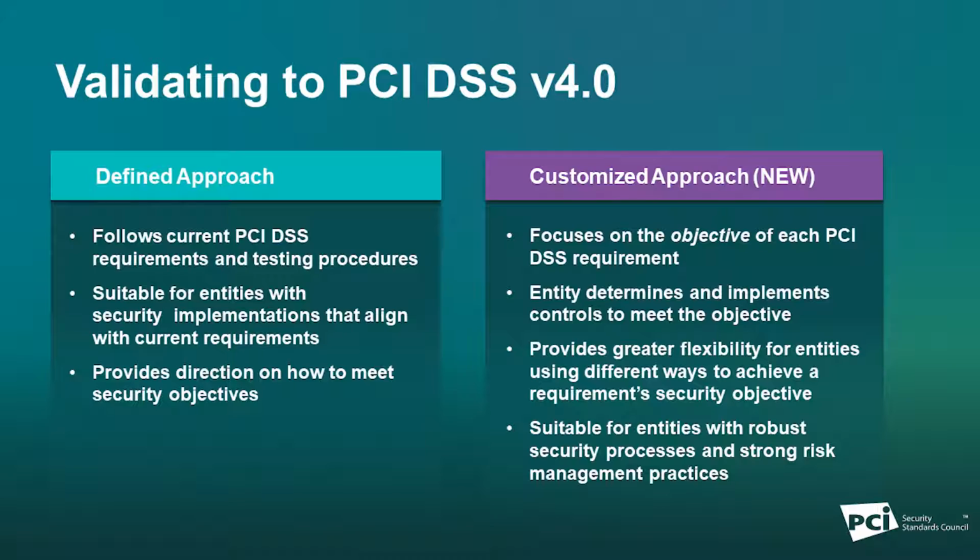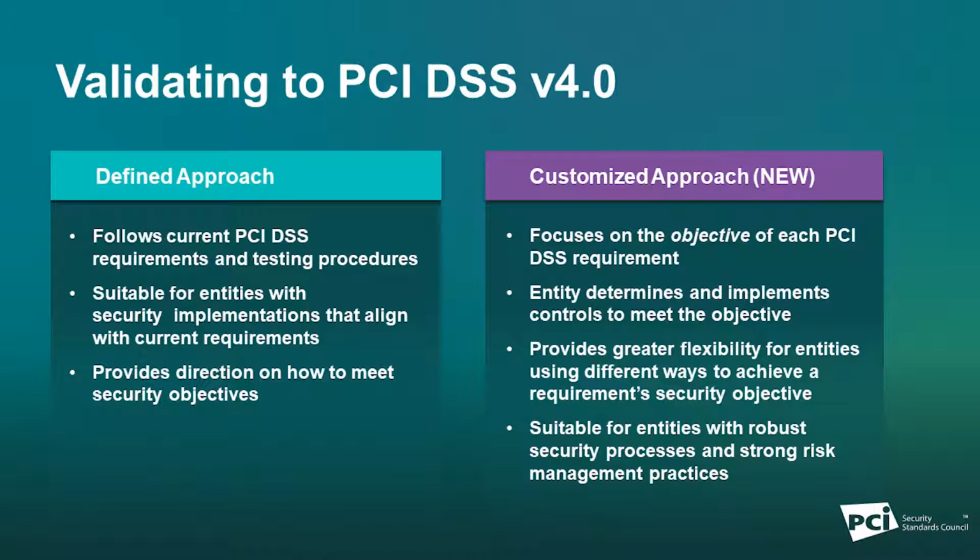Now, for those organizations who already have established security controls in place, and also for those who are looking for specific direction on meeting security objectives, the defined approach is still an ideal fit. The new and more flexible validation method in PCI DSS version 4 is this customized approach, and this focuses on a requirement security objective.